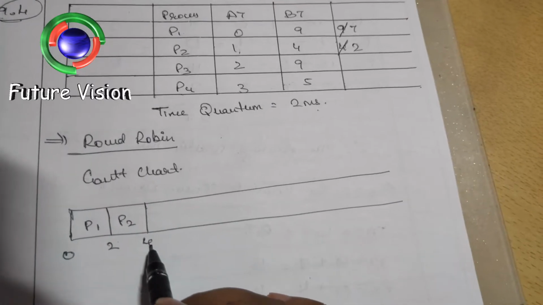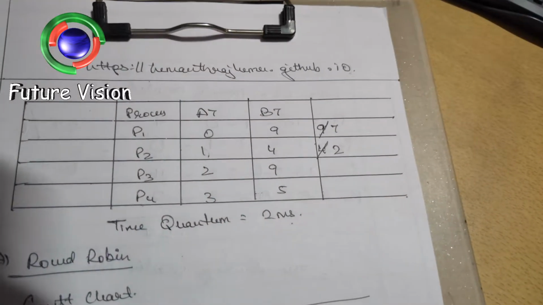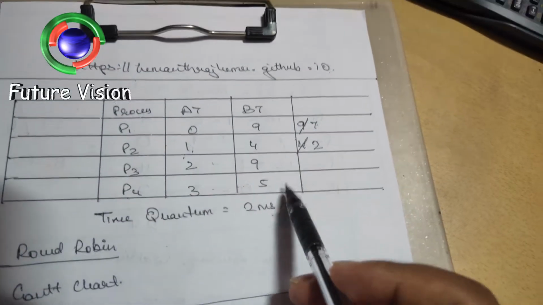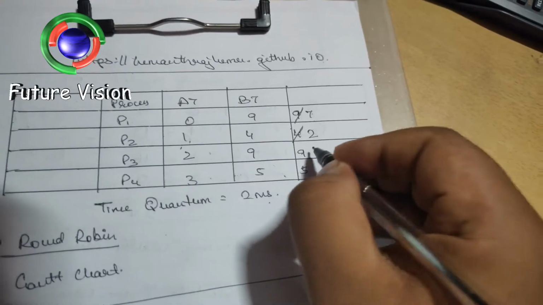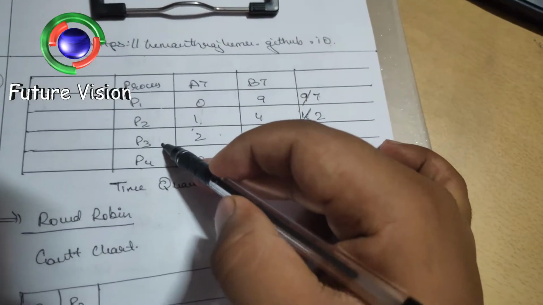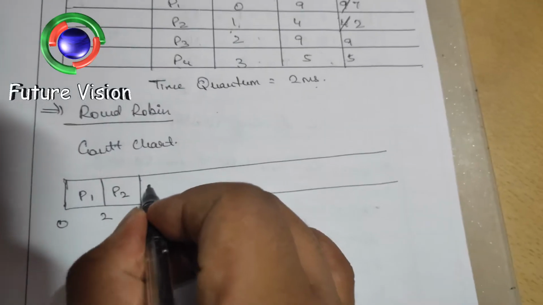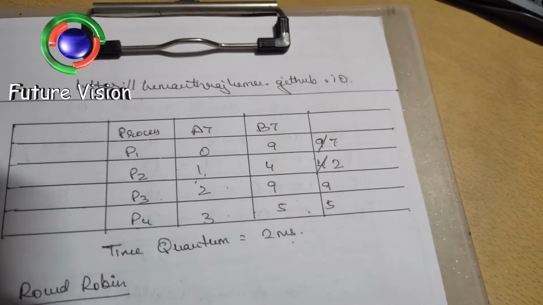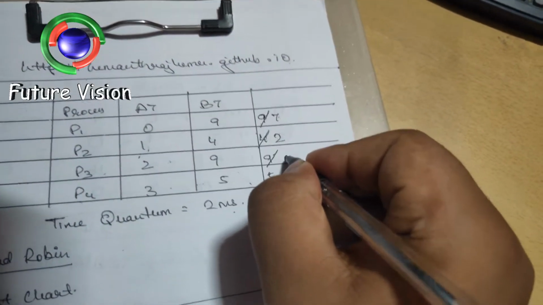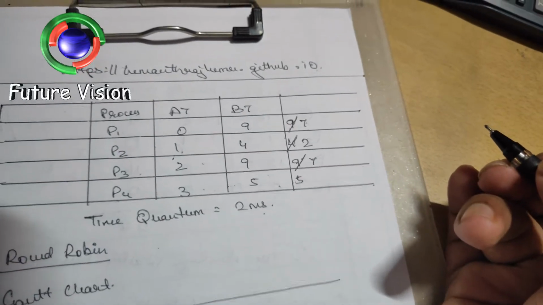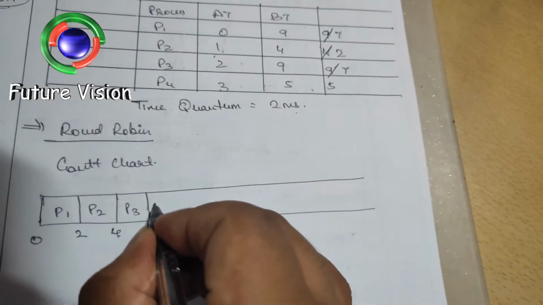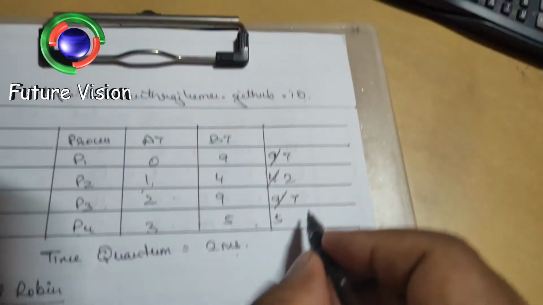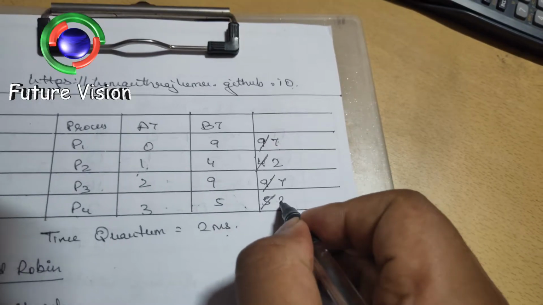Now we have executed till the 4th millisecond, so all the processes have arrived into the ready queue having these values, 9 and 5. So next P3 gets the time quantum, it can execute 2, that is 6. Now 9 minus 2, that is 7. Now P4 gets the time quantum, that is 8. We have 5 minus 2, that is 3.